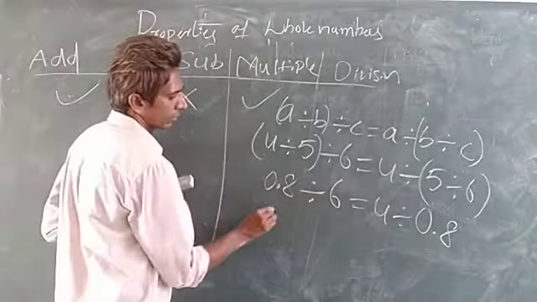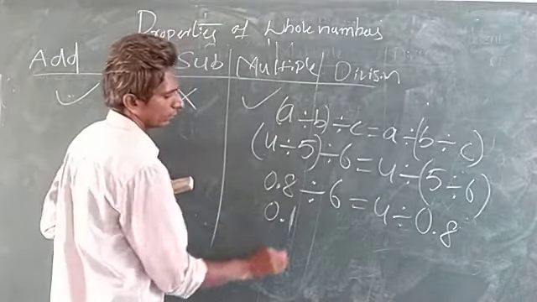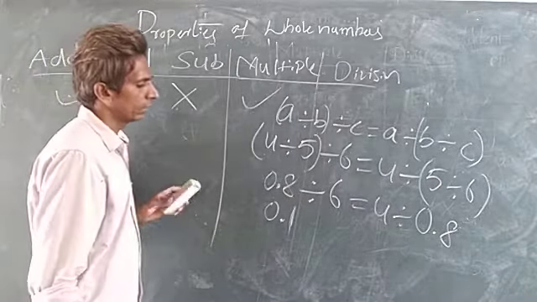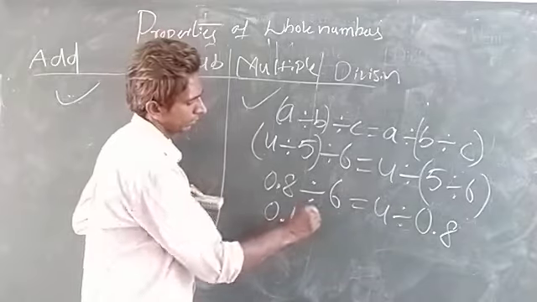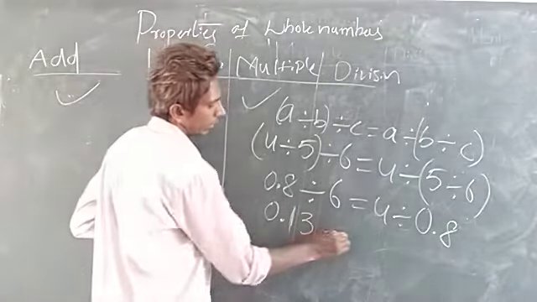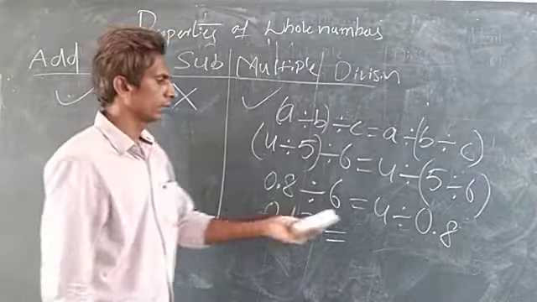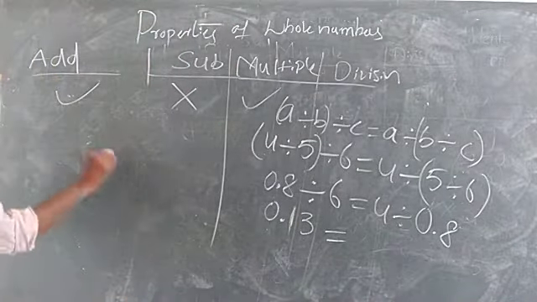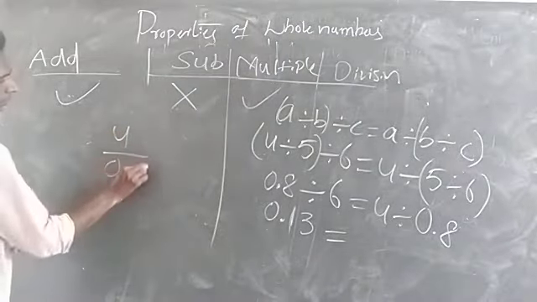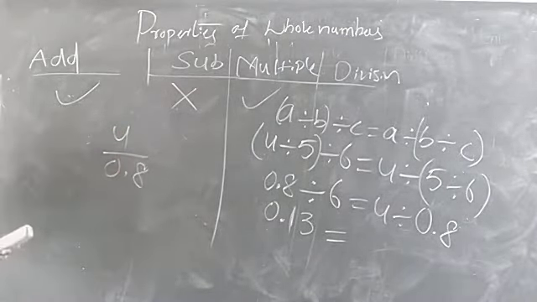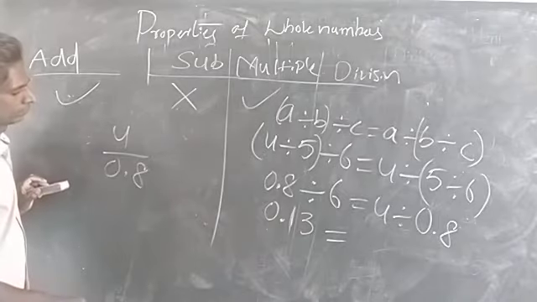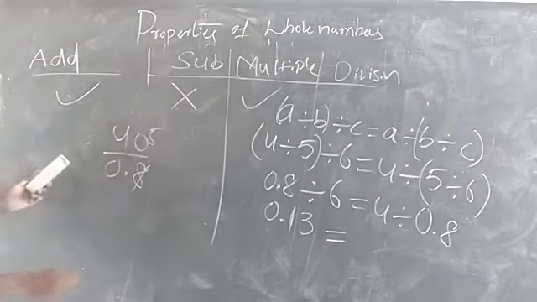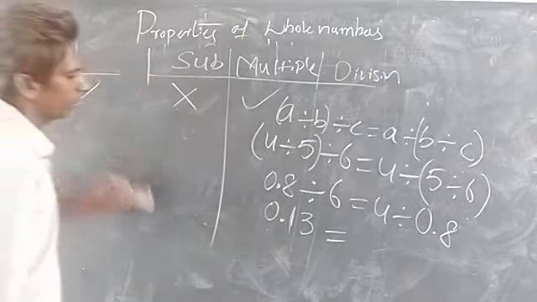So by doing the division, 0.8 divided by 6 gives 0.13. By doing this division, 4 divided by 0.8 becomes 5, since 8 5s are 40.